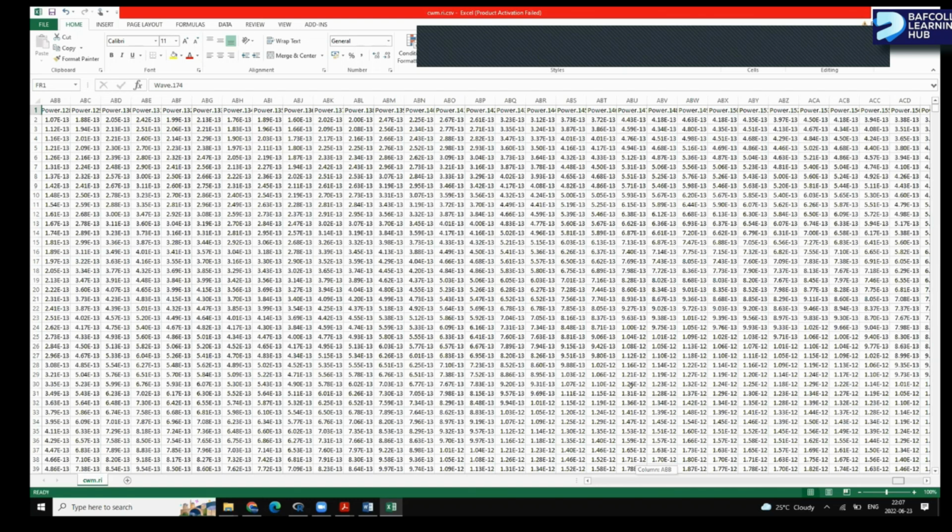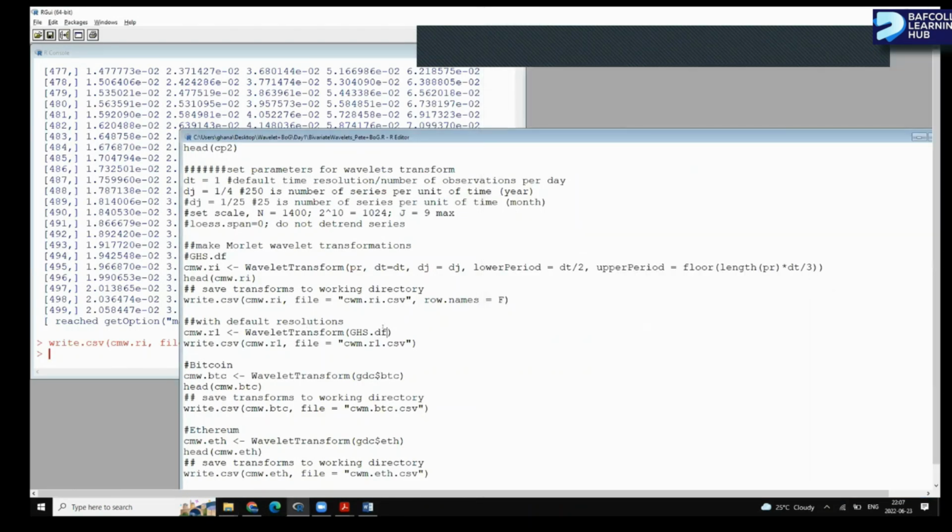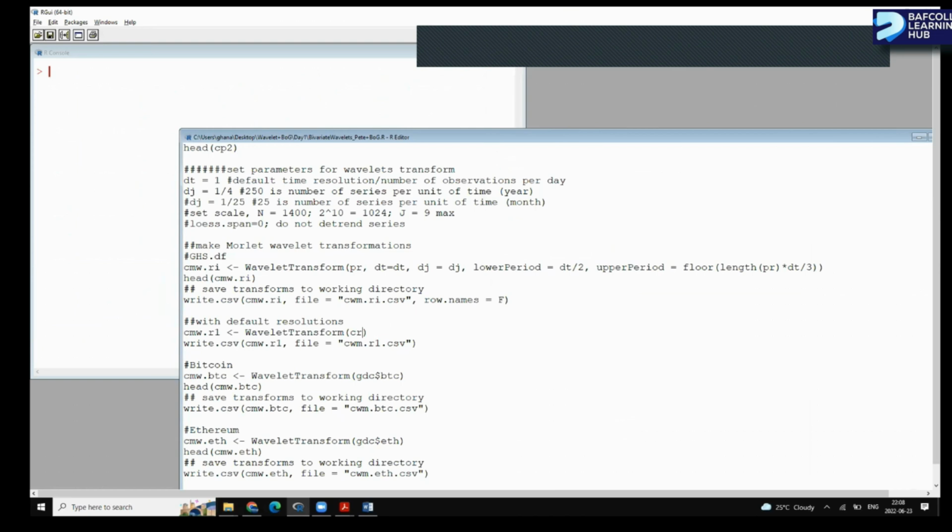Okay, great. So we can try another one, let's say the CR, and see with default resolutions. The CR data is a problem. The decompositions are bringing NAs. So you may have to look at that data again.